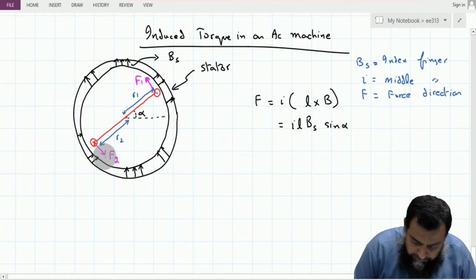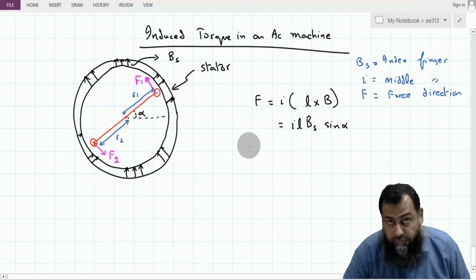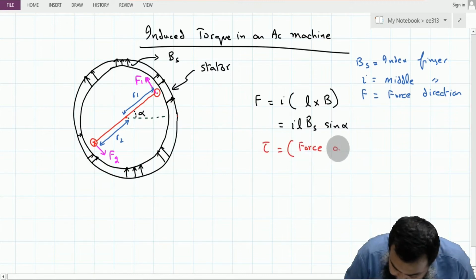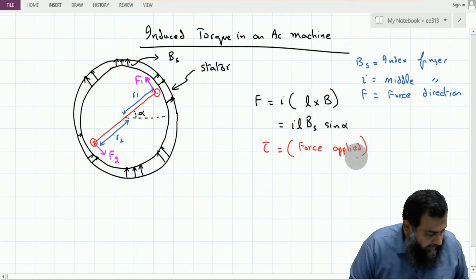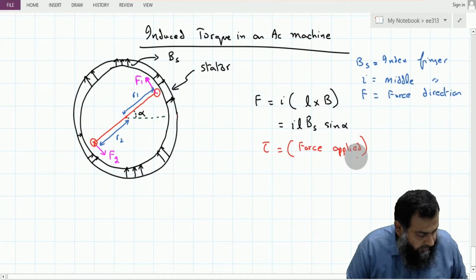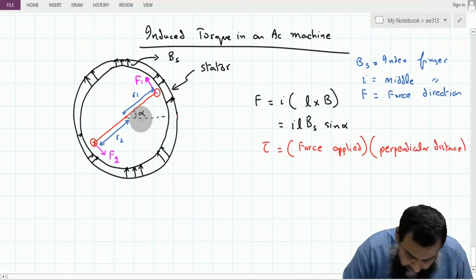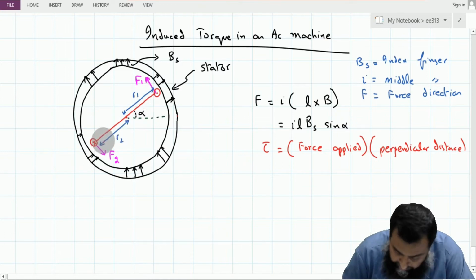So based on this particular force, the torque which is induced in each of these two conductors is equal to the force applied times the perpendicular distance. This perpendicular distance is R1 for the first conductor and R2 for the second conductor.